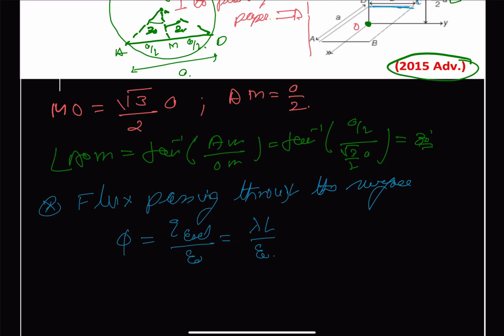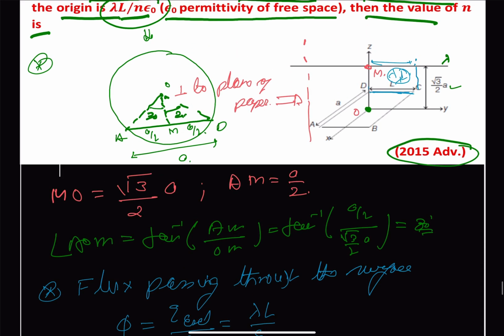Now, this is basically a 3D diagram, and this surface is not a simple circle but is like a pipe, or rather we can say a cylinder, and we are looking from this side.